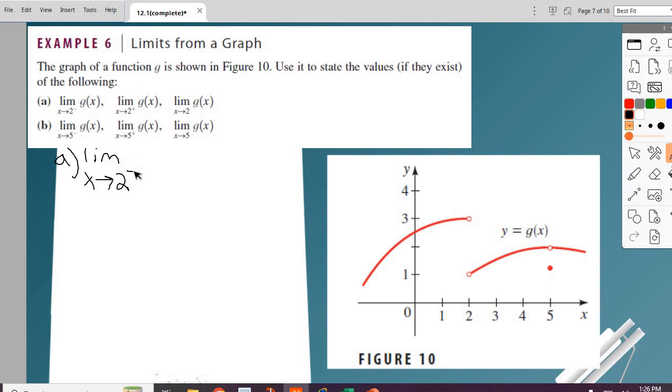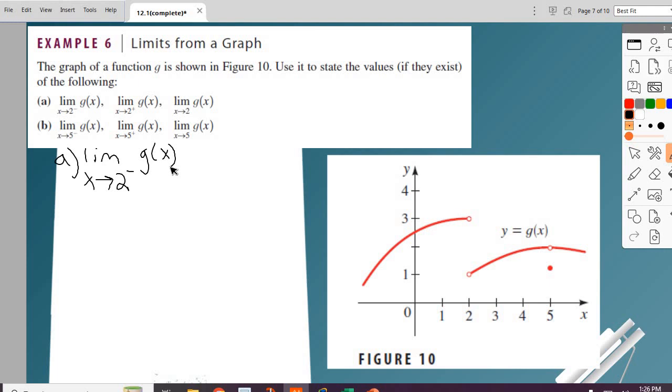Again, that's what the little negative symbol means. But this time the left doesn't necessarily mean negative things, right? Because we want to be really, really close to 2, but on the left-hand side. So what type of numbers are really, really close to 2, but on the left-hand side? 1.9999. On the right-hand side, we would be looking at 2.0001, and so forth, okay?